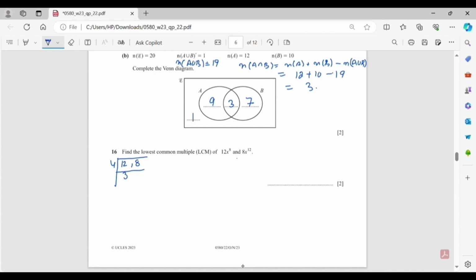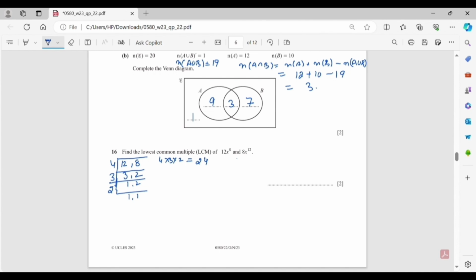3 and 2. Now 3, 1 and 2. Now this will be 2, 1 and 1. Now this is 4 into 3 into 2, which is 24.